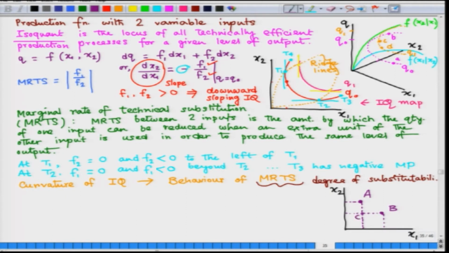So as we move from the input bundle A to B along an isoquant, I have not drawn it, but assume that there is an isoquant, then we employ BC units more of the input 1, and there is a corresponding reduction in input 2's use, and the magnitude of reduction in input 2's use is given by the line segment AC.